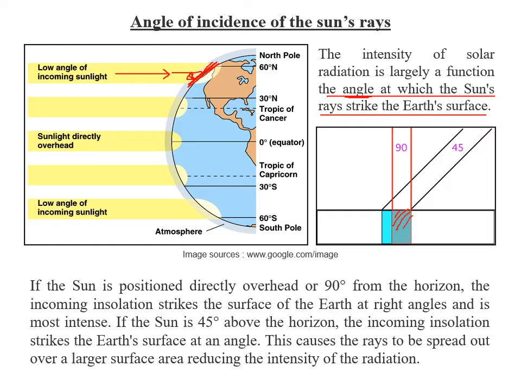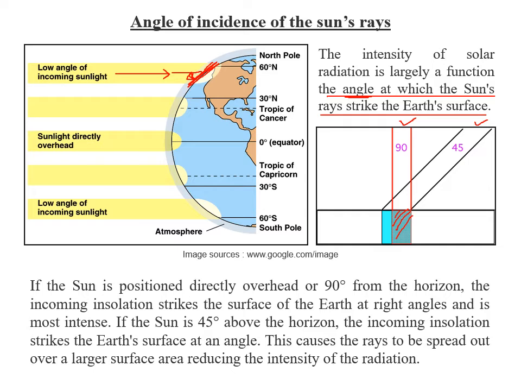For example, we take a beam of radiation energy having the same height, width and length, and we fall the radiation energy over a flat surface, in the first case vertically, and in the second case at an angle of about 45 degrees.